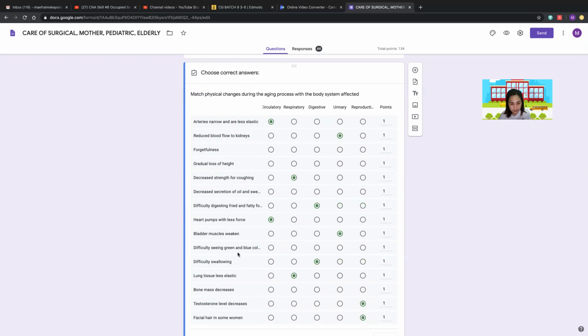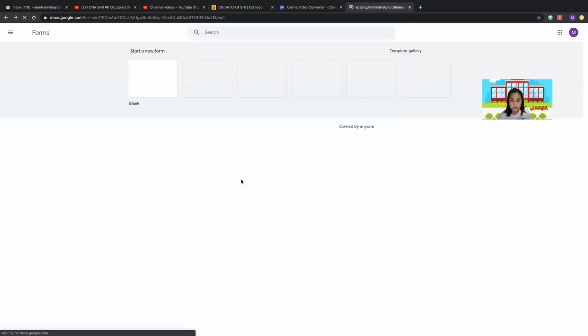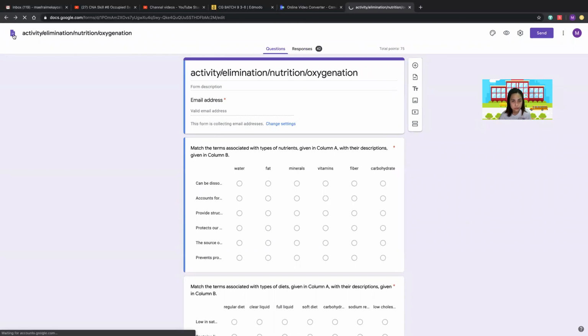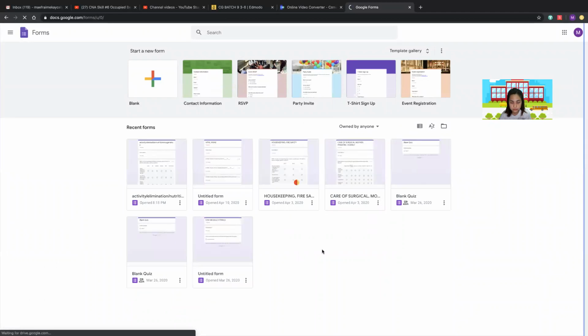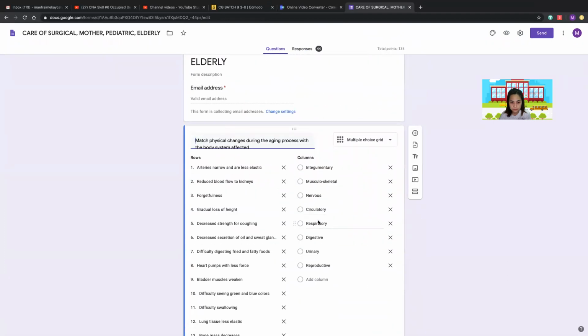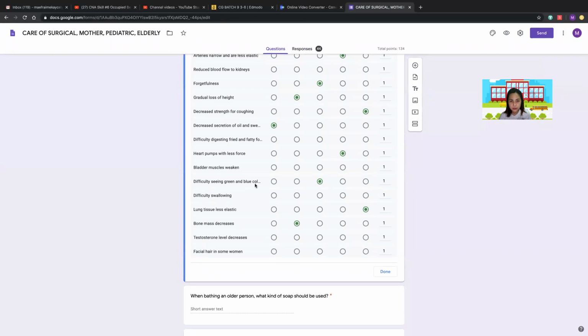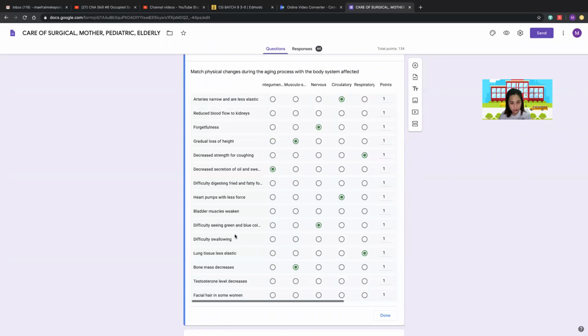And difficulty seeing green and blue, it will be nervous because it's connected with our brain, and you don't have options here of eyes and ears, so the next option will be nervous.